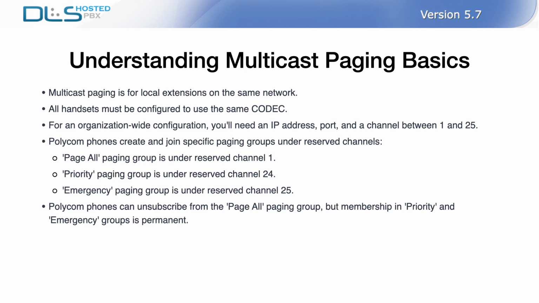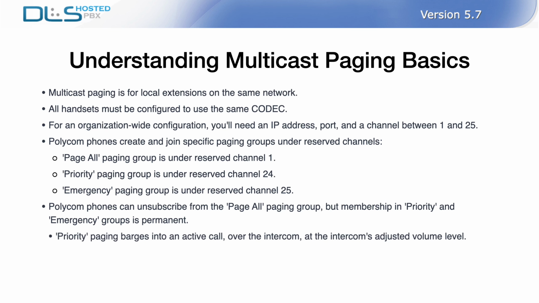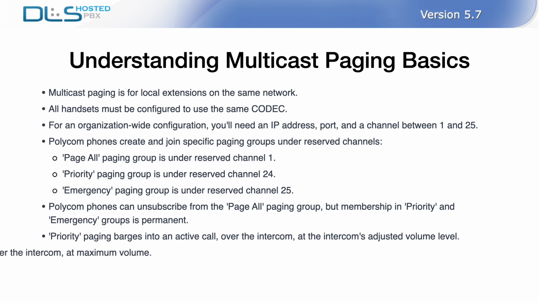Polycom phones can unsubscribe from the Page All paging group, but membership in priority and emergency groups is permanent. Priority paging barges into an active call over the intercom at the intercom's adjusted volume level. Emergency paging also barges into an active call over the intercom, but it does that at the maximum volume.